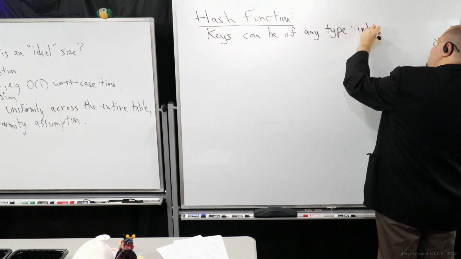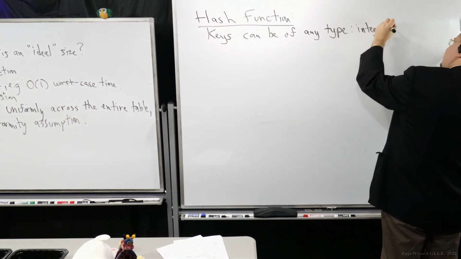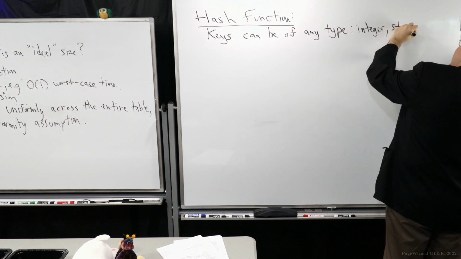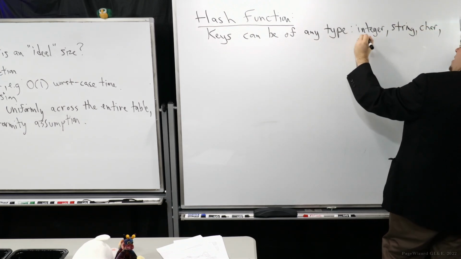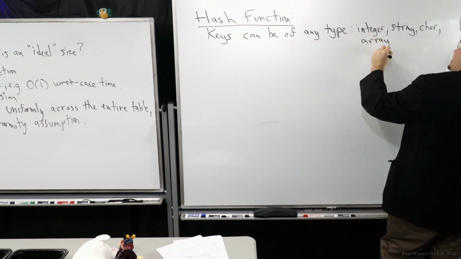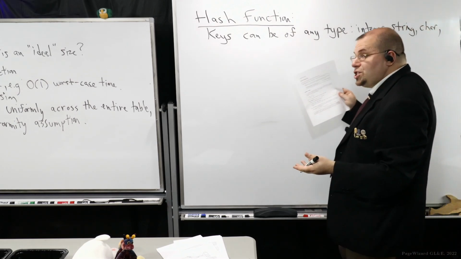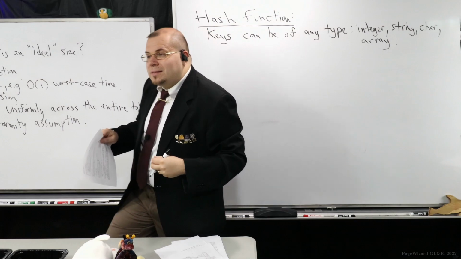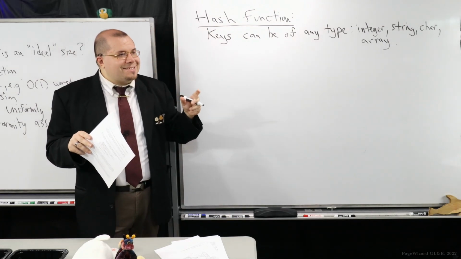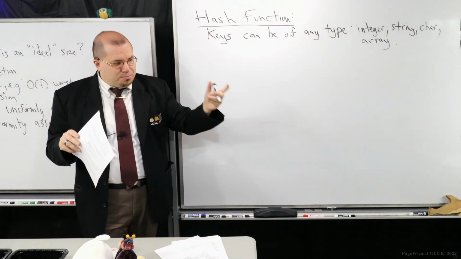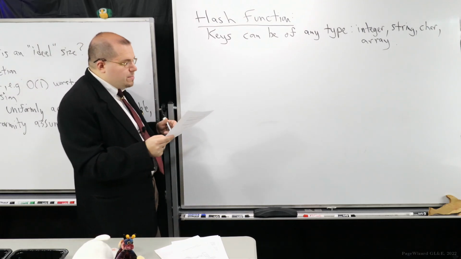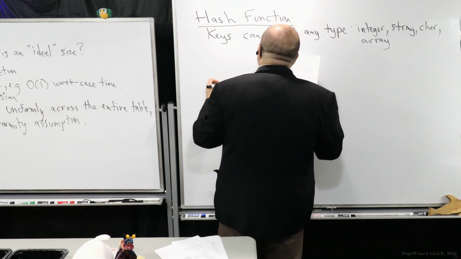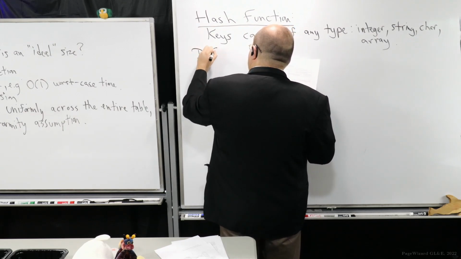So for example, it could be an integer, a string, a character, it may even be a more complex type like an array, or an object. The thing is that the hash function has a key as input that you use to process the function itself. So here's our definition of a hash function.